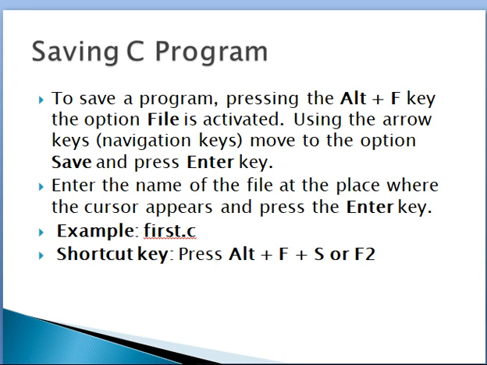Then it displays the Save As dialog box. Enter the name of the file at the place where the cursor appears and press the enter key. Example, you can give the file name as first.c, program1.c, sample.c, or example.c.